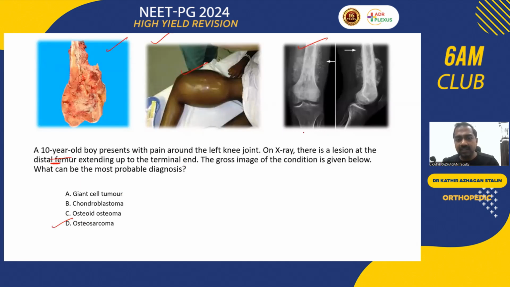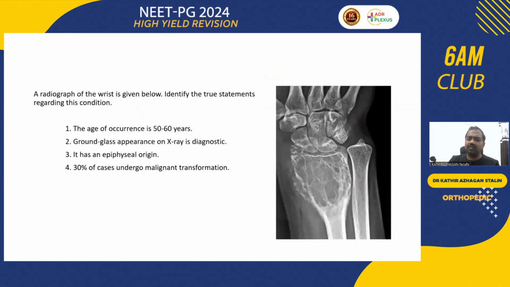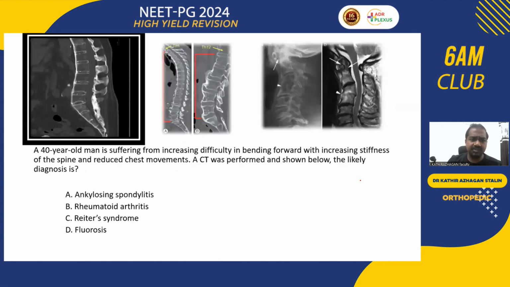The typical sunburst appearance because of the periosteal reaction and a classical Codman triangle. Any of these words should ring a bell for osteosarcoma. These are all very common. Osteoclastoma, already discussed. Ankylosing spondylitis, which we were discussing.